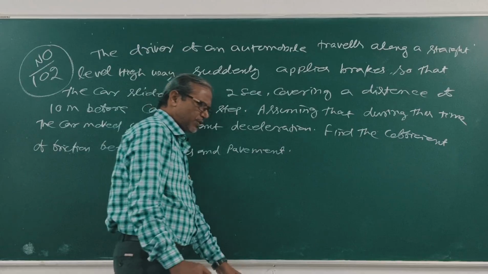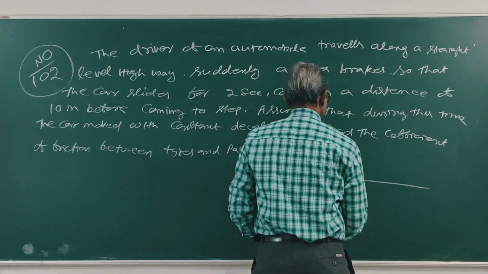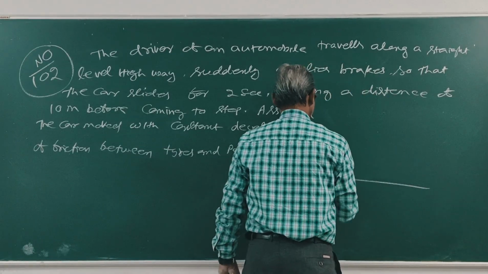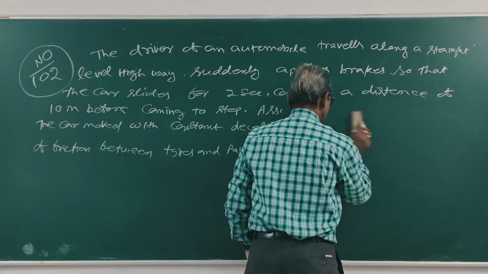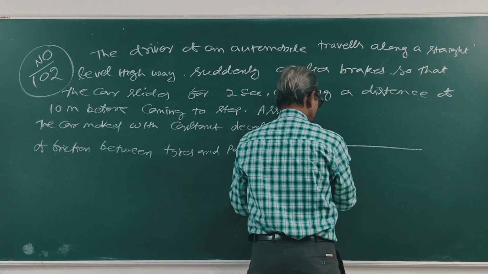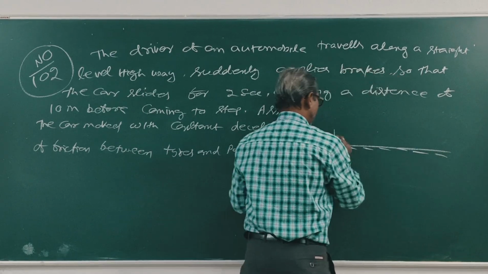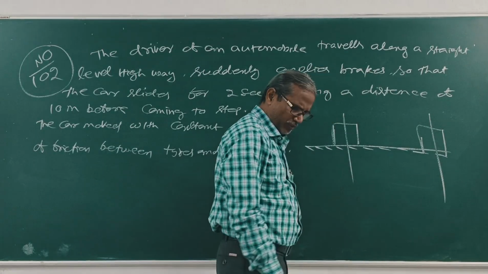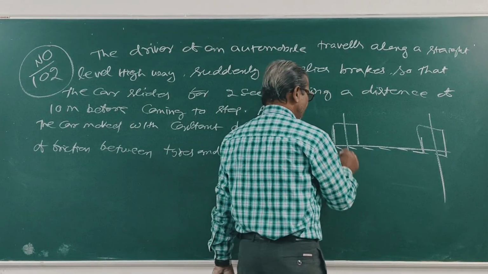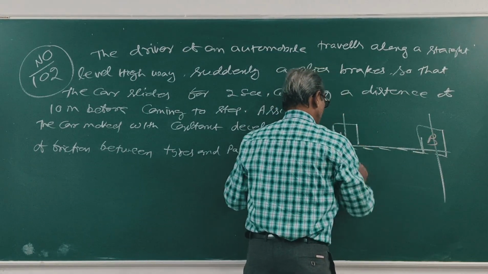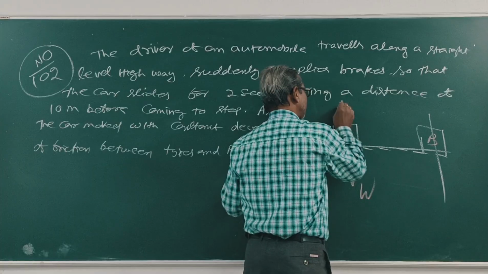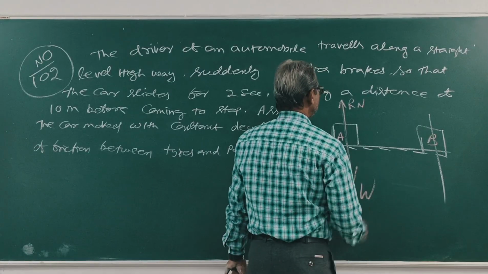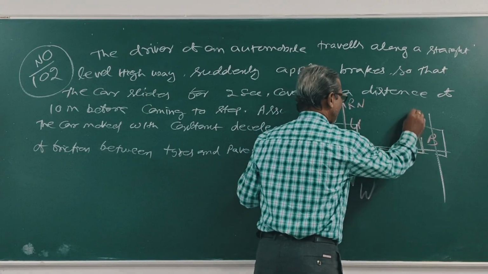Suppose this car moves from A to B. A, B, weight W, normal action Rn at A, its initial velocity is u, and at B it is 0.